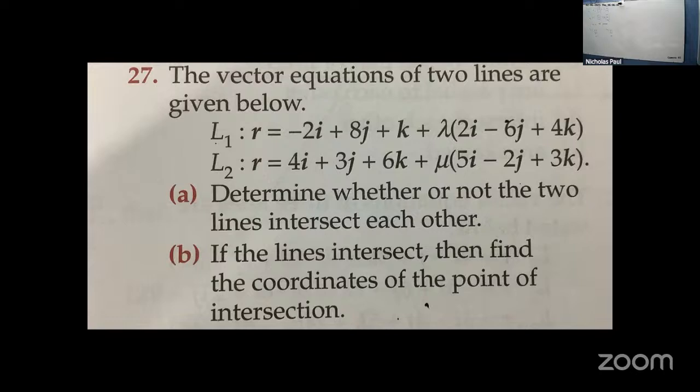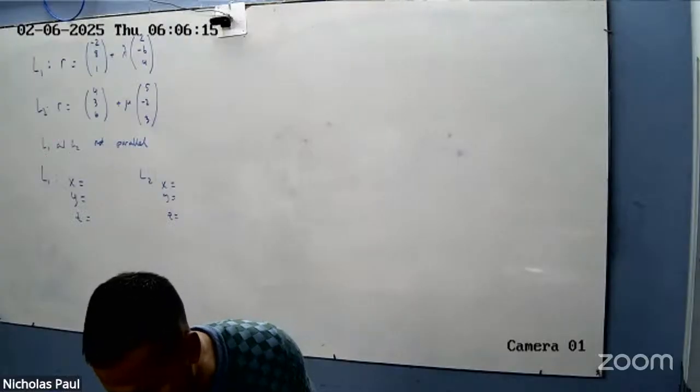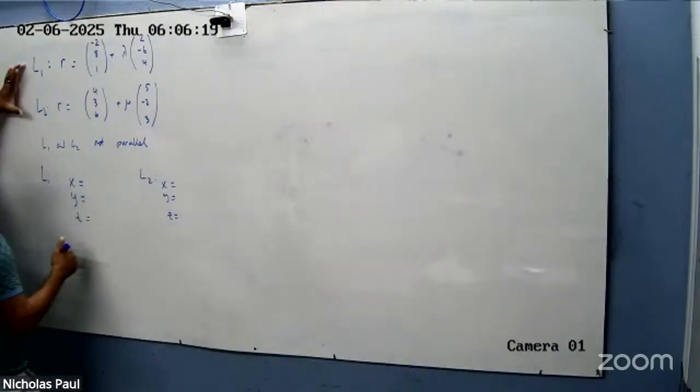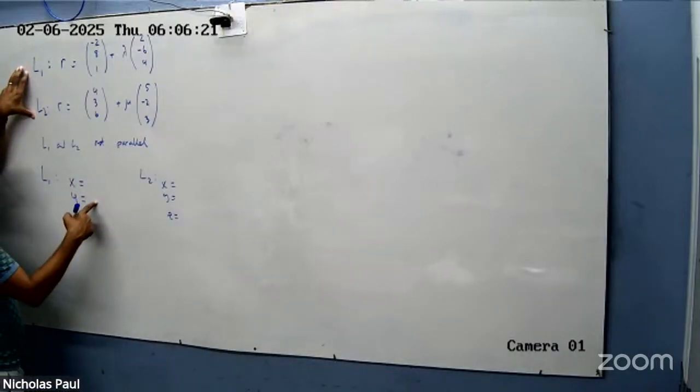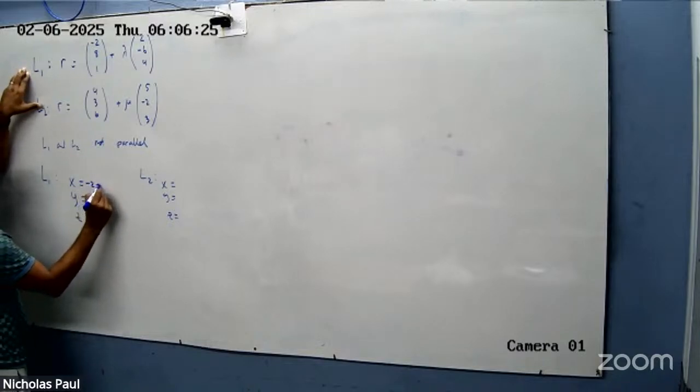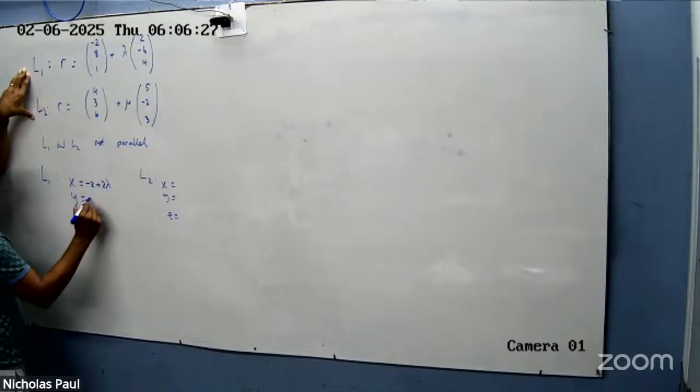All right, let's see what you got. Right, they should intersect, right? They should intersect. All right, so I wrote them down here. Let's work it out here. So this is minus 2 plus 2 lambda. This is 8 minus 6 lambda.